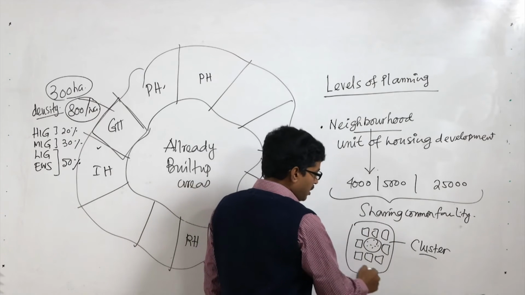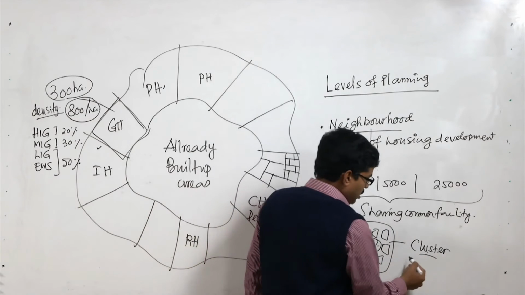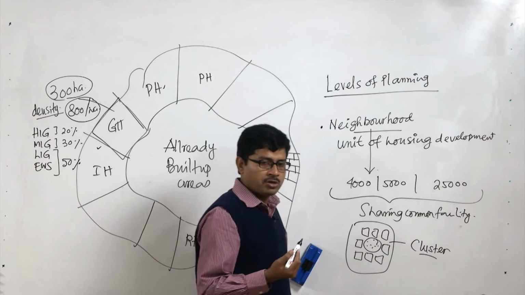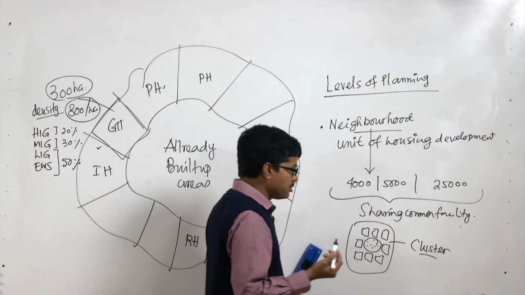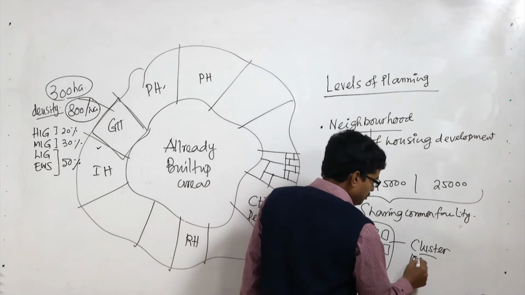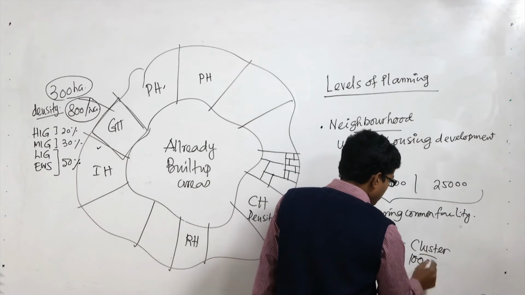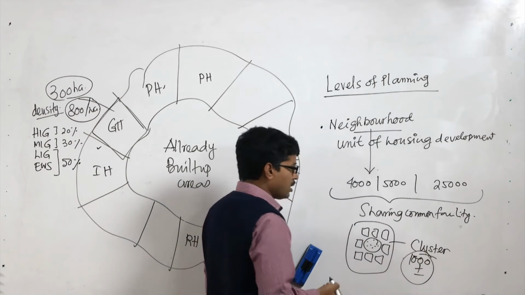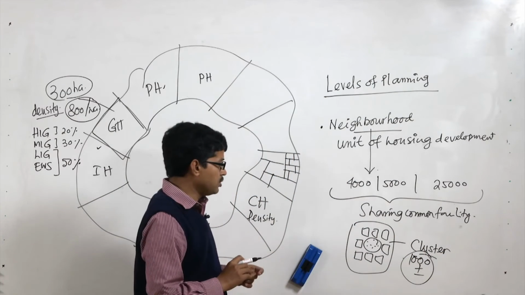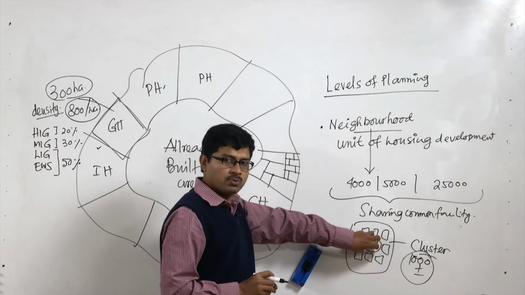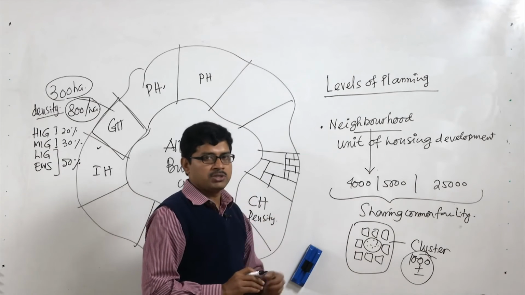This is one cluster. It can be a cluster of say 10 houses or 15 houses or 20 houses, and the population could be 1000 or even less. More or less, this kind of population can be catered to by one cluster. One cluster basically gives you a mandate to have at least one community place where the children can play.